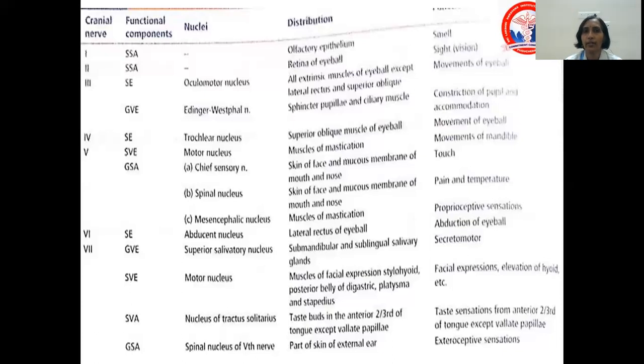The second cranial nerve, the optic nerve, also has special somatic afferent fibers from the retina of the eyeball, and it has the special function of vision.